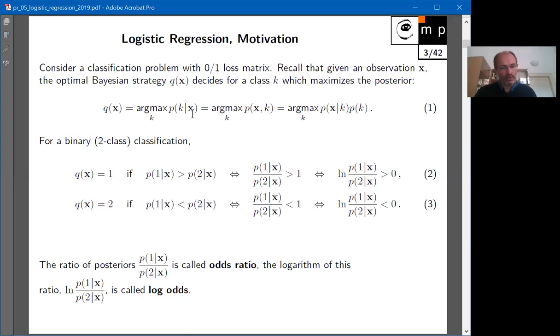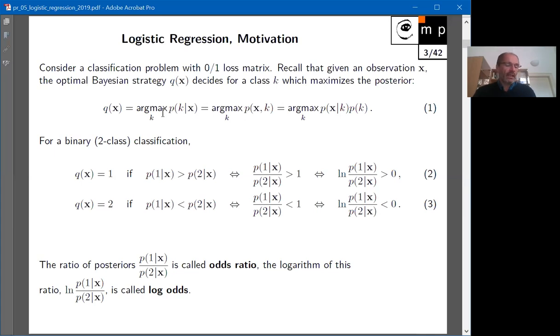If we had the model exactly, we would estimate the probability density of the posterior probability, and the correct decision, the one that will lead to minimizing the risk, is the maximum class.